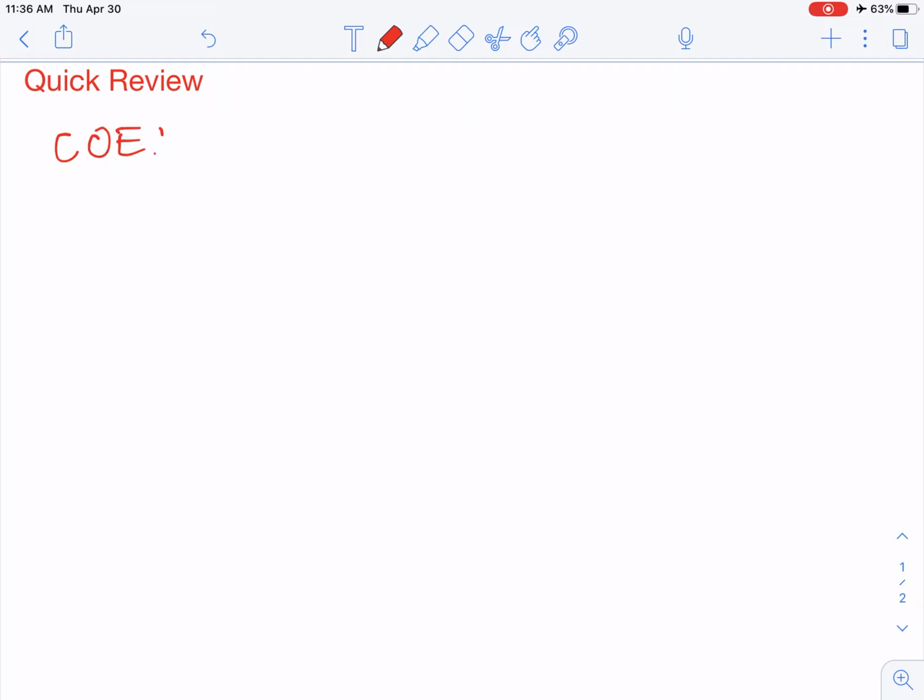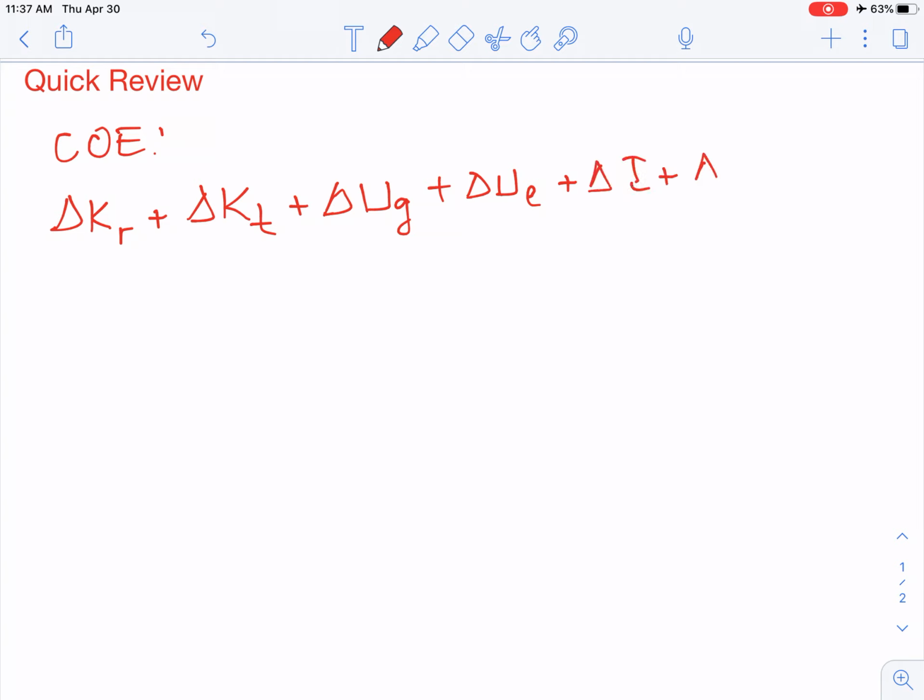The equation is given as delta K_R, now we added that term, plus delta K_T plus delta U_G plus delta U_E plus delta I plus delta I_F. And this is the final version in this class, okay? And you make these equal to work done plus heat.